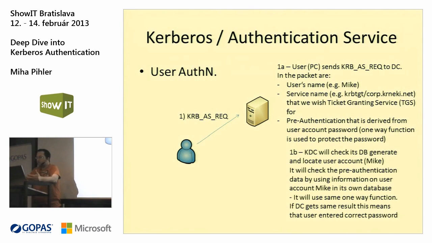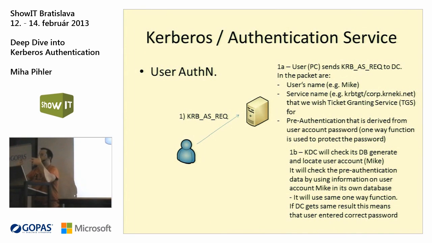Once this packet reaches the server, I'm down here, the KDC will check its database for my account. It is looking for my account, or for the computer account if this is computer authentication. Once it finds my account, it will take my password or hash of the password, put it through the same one-way function that I did, and compare my one-way function result and its one-way function result.